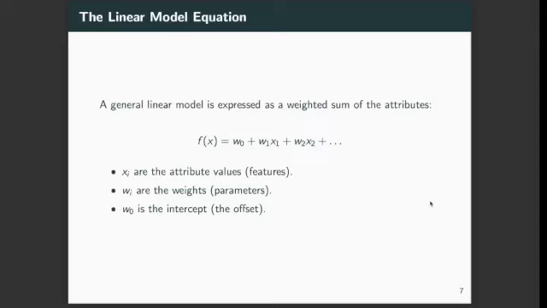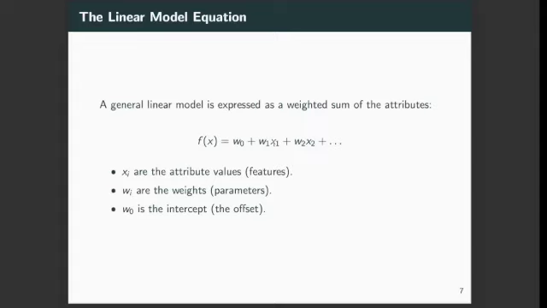So the linear model equation, this is the generalized linear model, which is expressed as the weighted sum of these attributes. So we have the function of x, which is given by w0 plus w1 x1 plus w2 x2. Here, the x variables are the attribute values or the features.